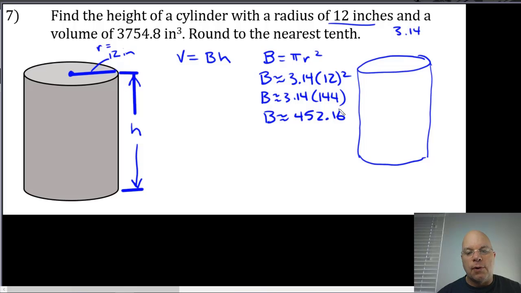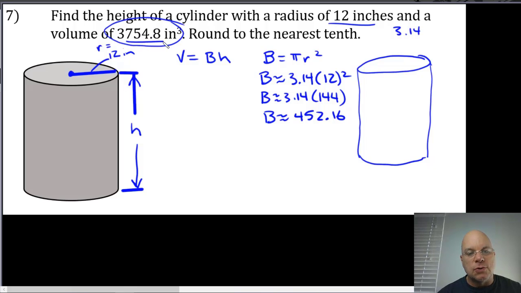Now we're in position to substitute into this formula. The way that this problem is different from the other problems you did is in the other problems you're given a dimension to calculate area of the base, and you're also given the height. Here we're trying to find the height, but we're given the volume.